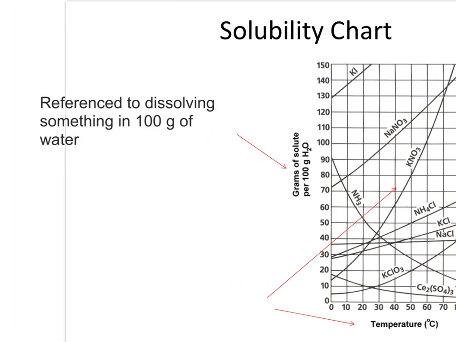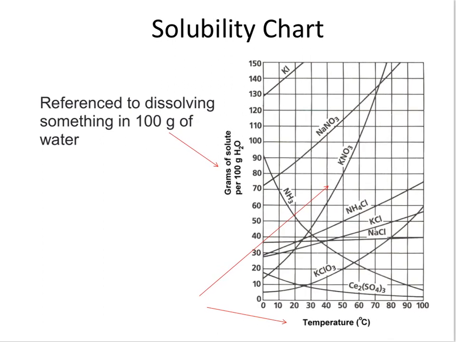Now, along the x-axis here are our temperatures, as I referenced before. And if we see a positive slope here, that means that as we increase temperature, we're going to be able to dissolve more.